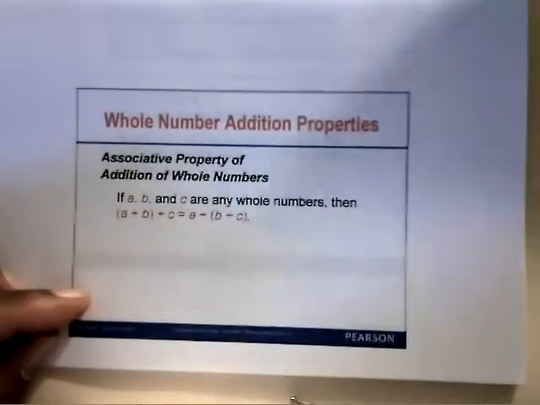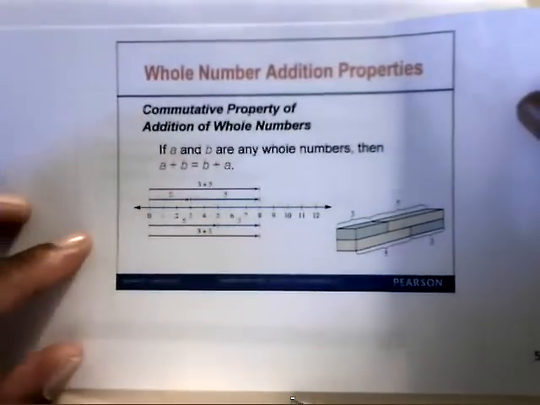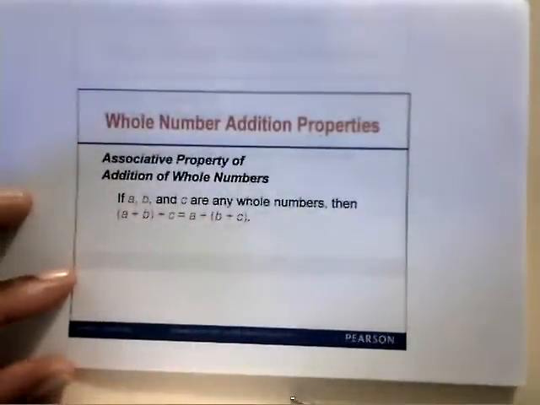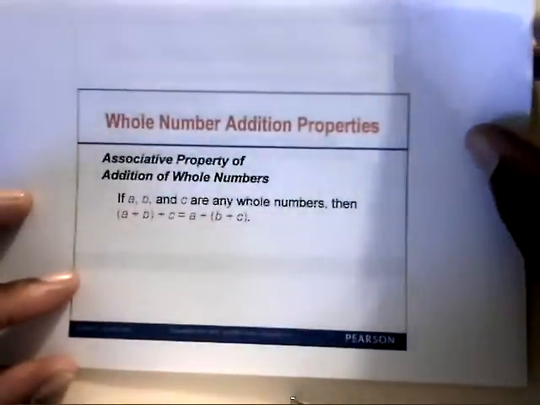Whereas with the commutative property, the order does not matter. With associative, the grouping does not matter.